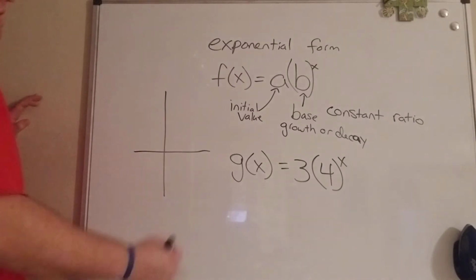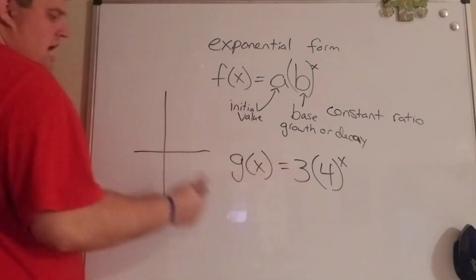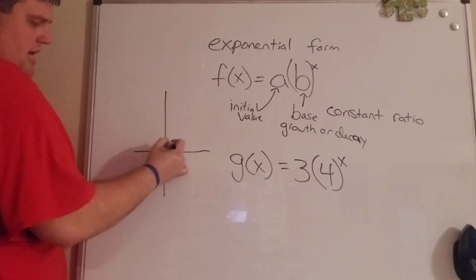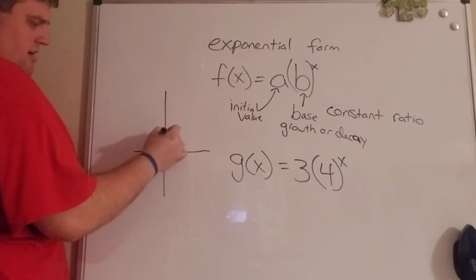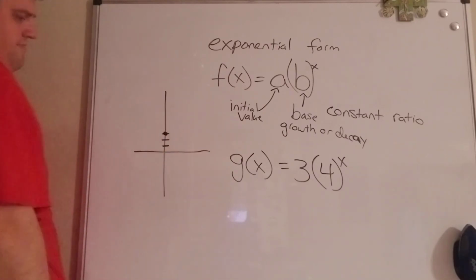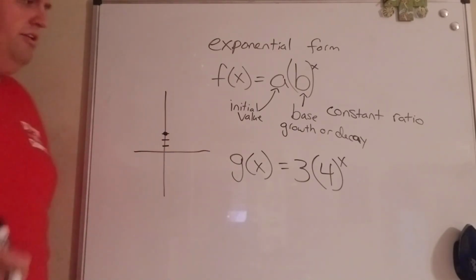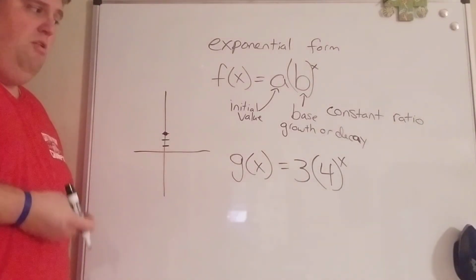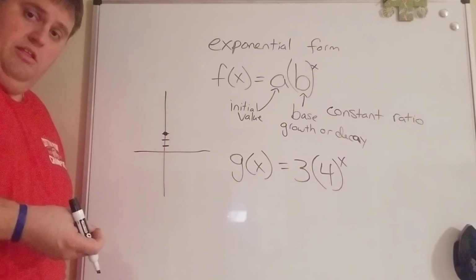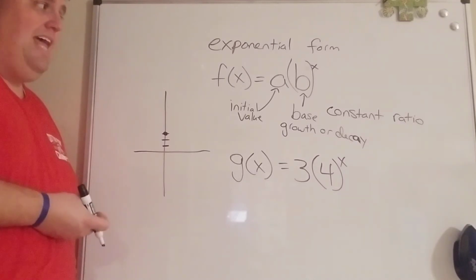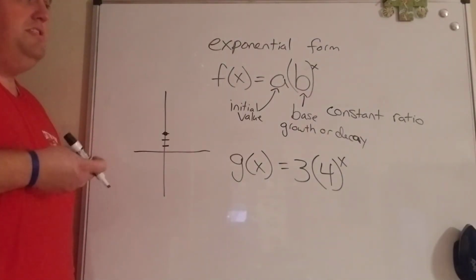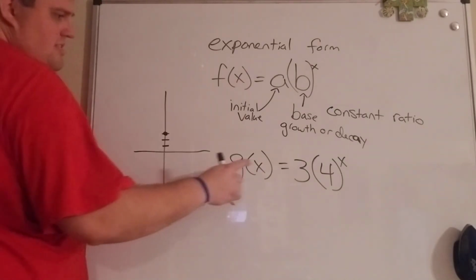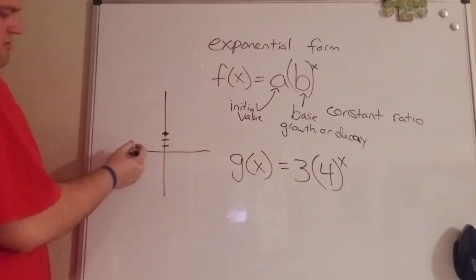But on this one, let's look at key features. I know it's going to go up. I know that it's going to cross the y-axis here at 3. And we haven't learned about shifts at all, but I'm going to tell you that we didn't shift this thing at all. So that means that it's still going to have a horizontal asymptote on the x-axis. So kind of what this is going to look like, and 4 is going to go up a little bit quicker than 2 did, right?